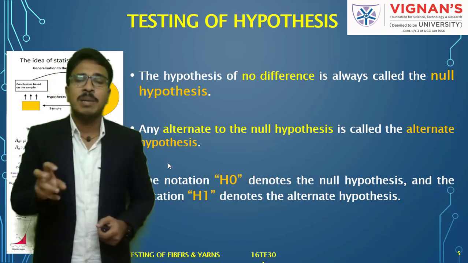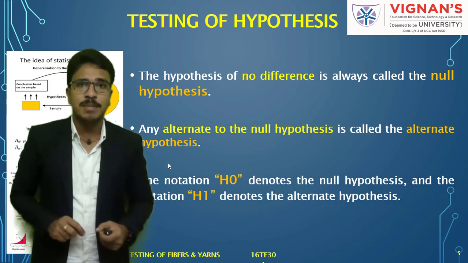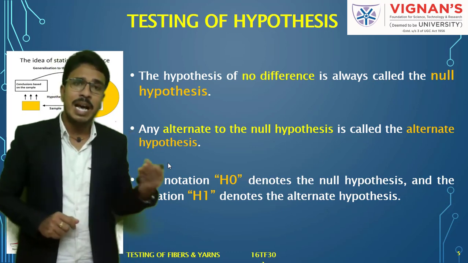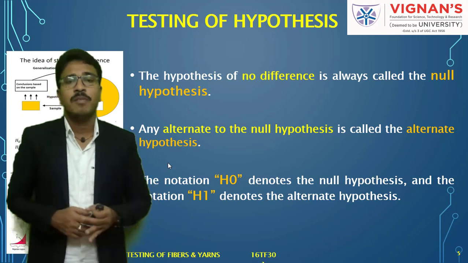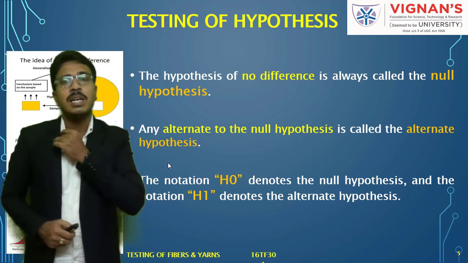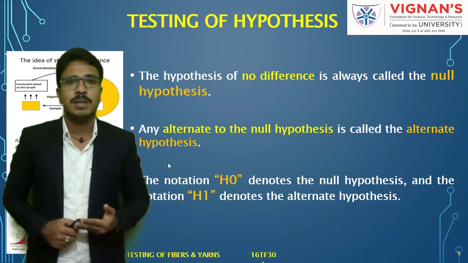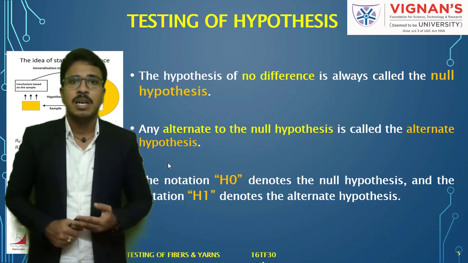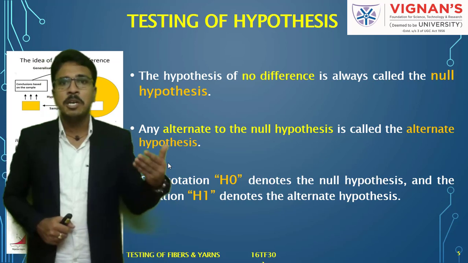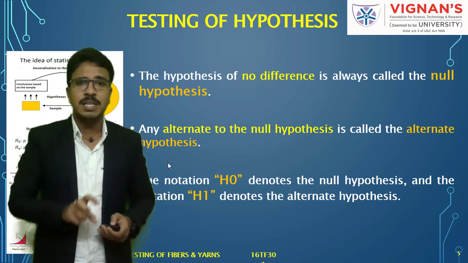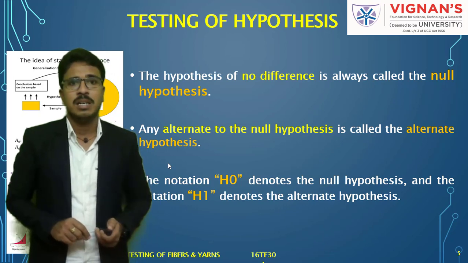In the process of assumption, we are using some notations. Even in the last class I told you, for the population we assume parameters like mean and standard deviation, and in the same way for the sample, sample mean and sample standard deviation, where separate notations are there. Understand?